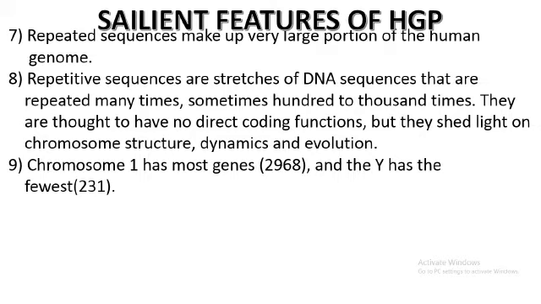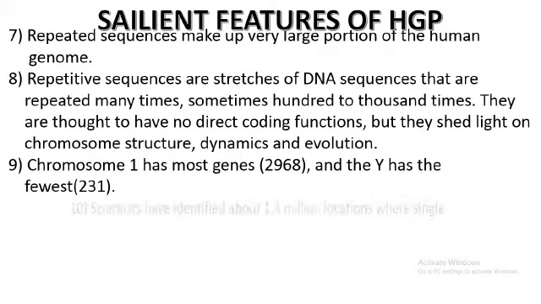If you see there, all chromosomes are not of the same length. Why? It depends on the number of genes that the chromosome is made up of. Here they say that chromosome 1 is the biggest, might be because it has 2968 genes. Whereas chromosome Y is the smallest because it has fewer genes. So by seeing the arrangement of genes, we are going to know the shape and size of the chromosome also.